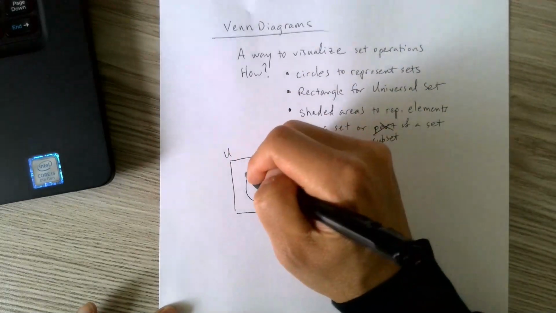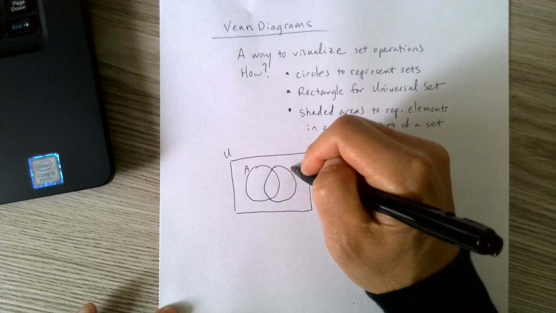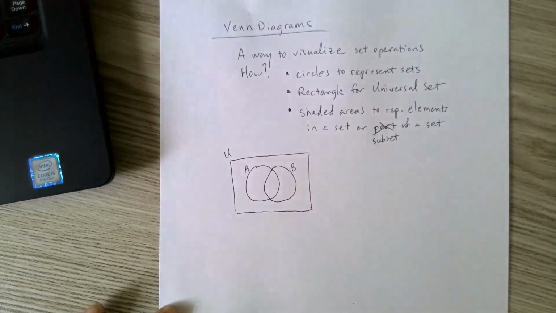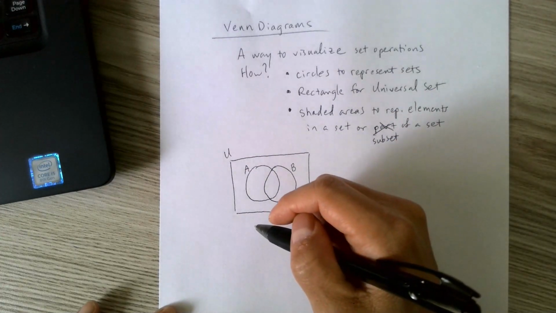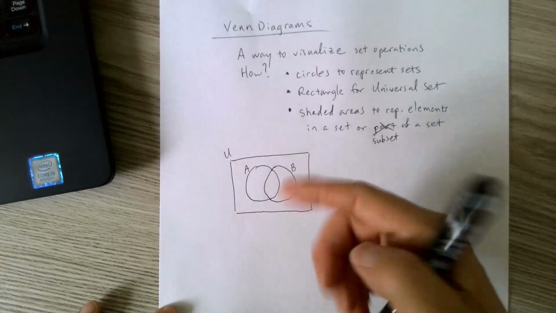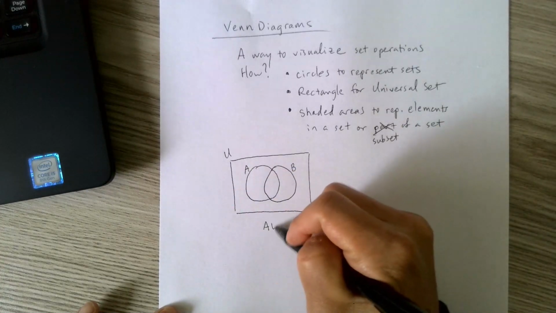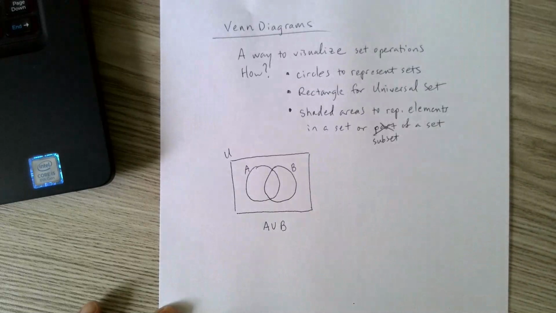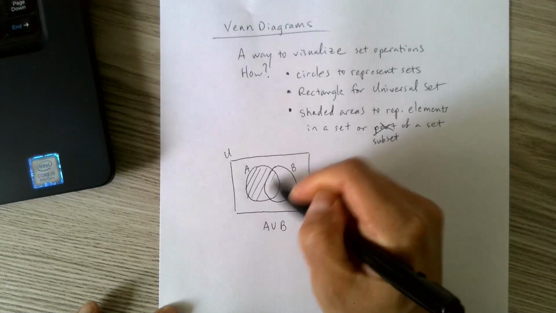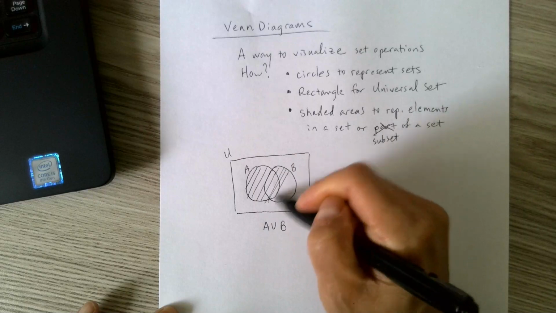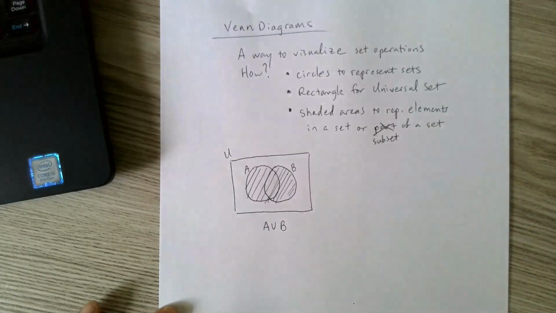This circle I will call set A, and this circle I will call set B. Now, what I'm about to show you is the visualization of A union B. Union means all together, all the elements in A and B all together. So I would show this by shading everything in A and B.